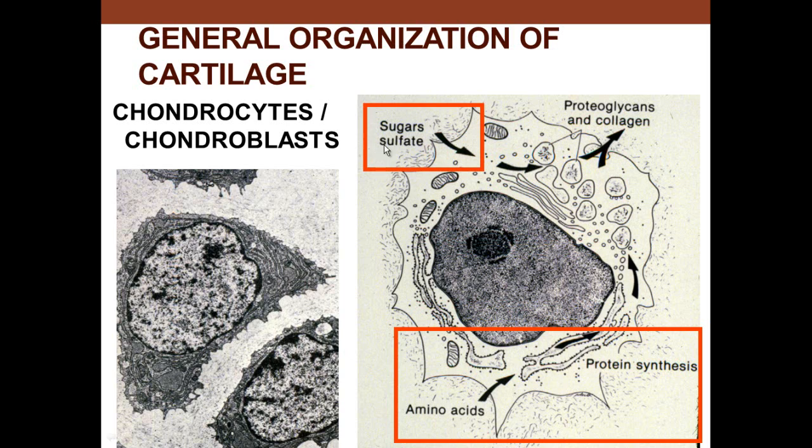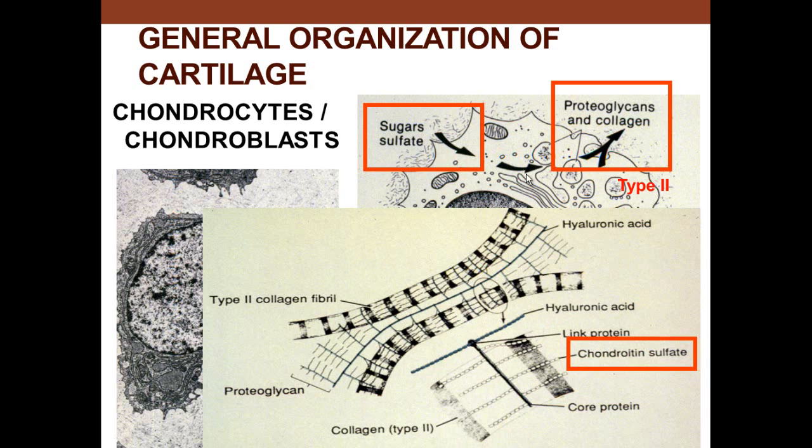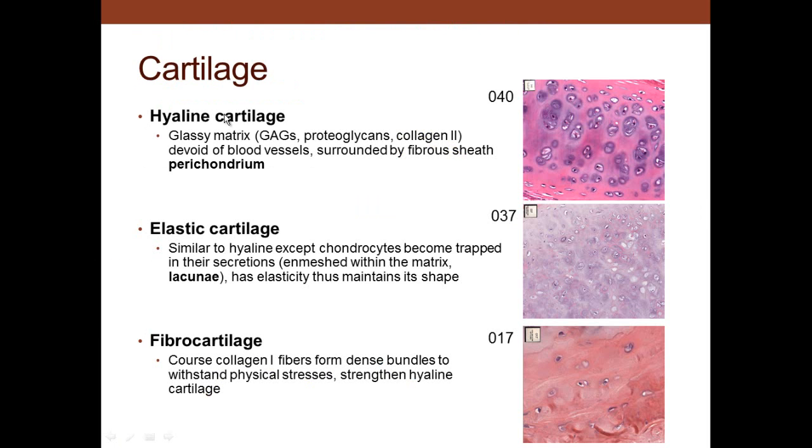Sulfate and sugars are added in the Golgi apparatus, and then ultimately the proteoglycans are produced, and the type 2 collagen likewise is produced. So the matrix traps these cells into their lacunae, or the space that they are in, and at that time they become chondrocytes.